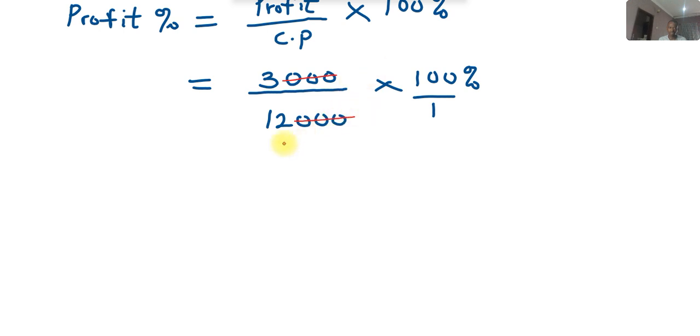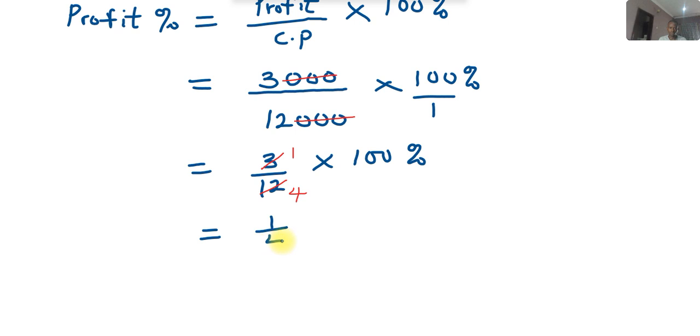Then we are left with 3 over 12 multiplied by 100%. 3 will divide into 3 once, and 3 will divide into 12 4 times. So in that case, we have 1/4 multiplied by 100%.